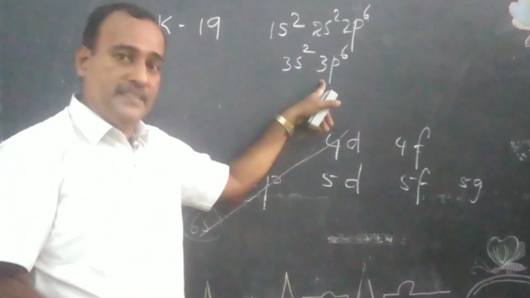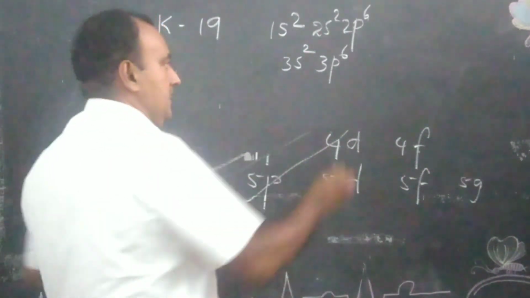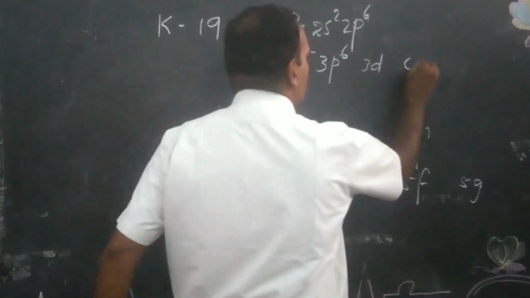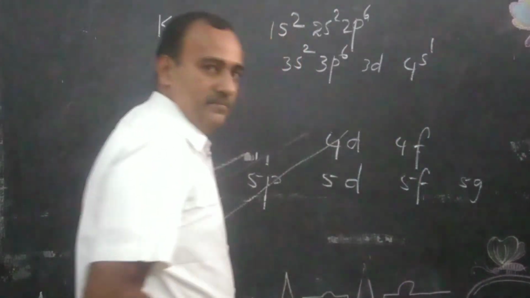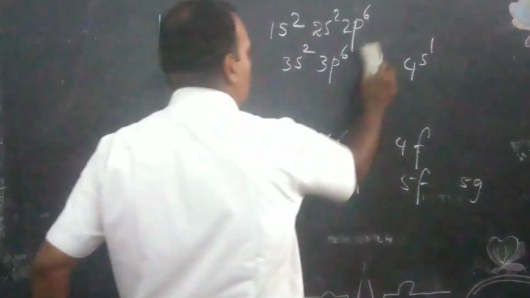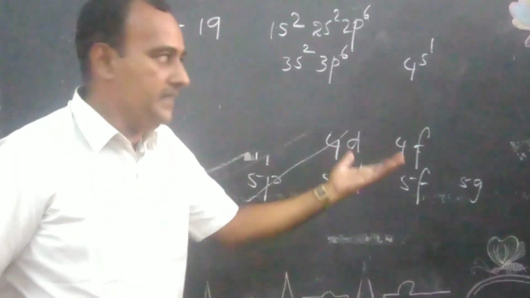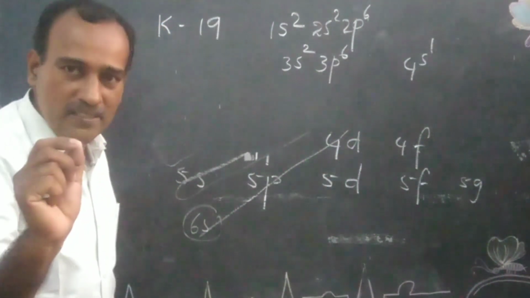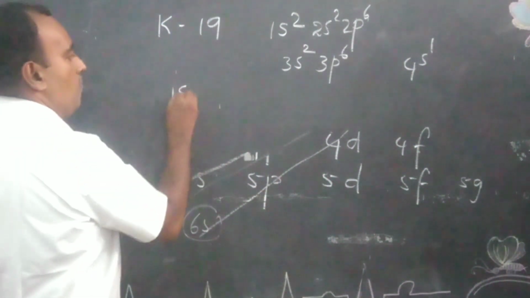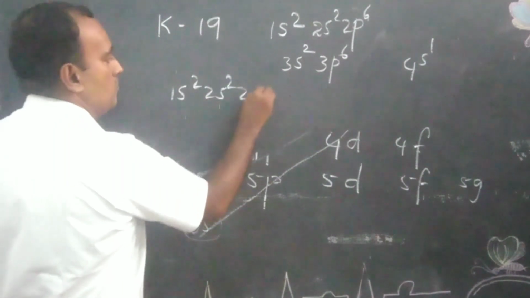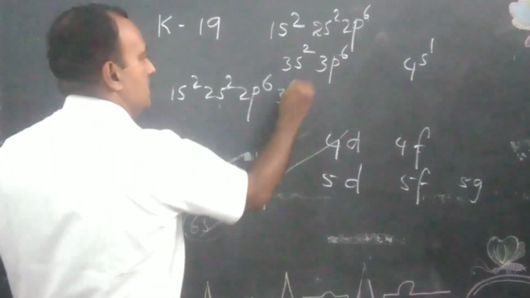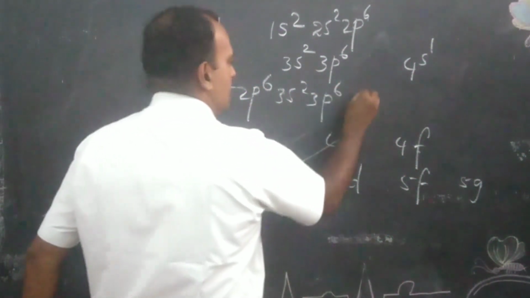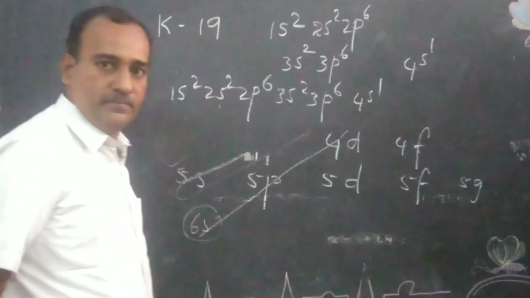After completing 3p, 3d is present, but the electron goes to 4s1. Since there is no electron in 3d, we can leave 3d. So the correct electronic configuration of potassium is 1s2, 2s2, 2p6, 3s2, 3p6 and 4s1.